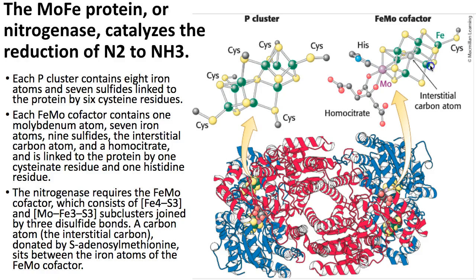Then there is an interstitial carbon atom, located right here. Then you have a homocitrate, which is located here and is linked to the protein by one cysteine residue and one histidine residue. You see your histidine residue, and there are some more with the cysteine residue.